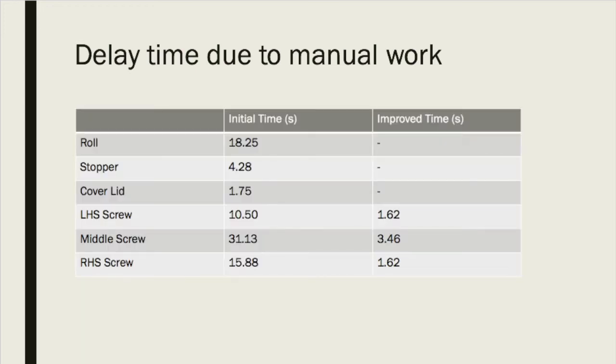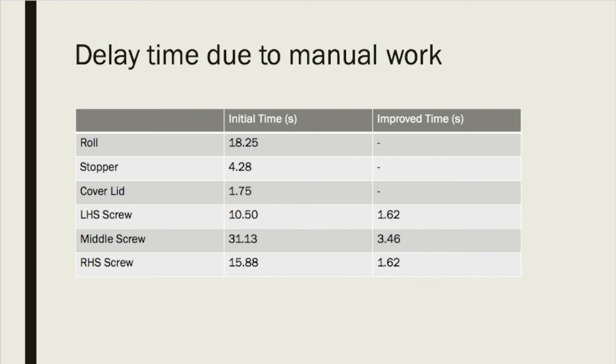This table shows a comparison between the screw fastening done manually versus theoretical calculation of it being done with an automatic screwdriver. The first column with initial time is the measured time of fastening the screws manually, and the second column is the theoretical time calculation of using the automatic screwdriver.